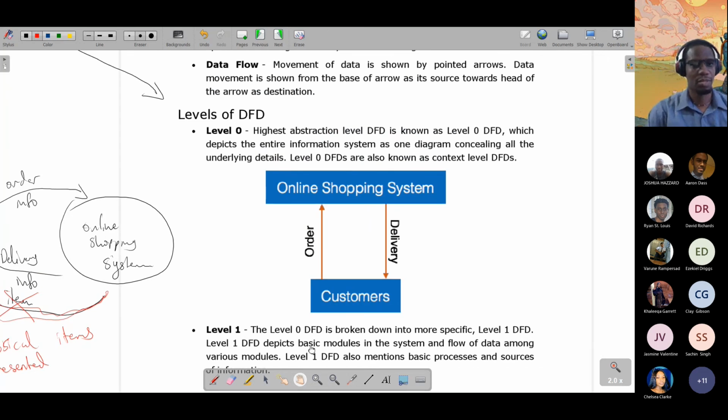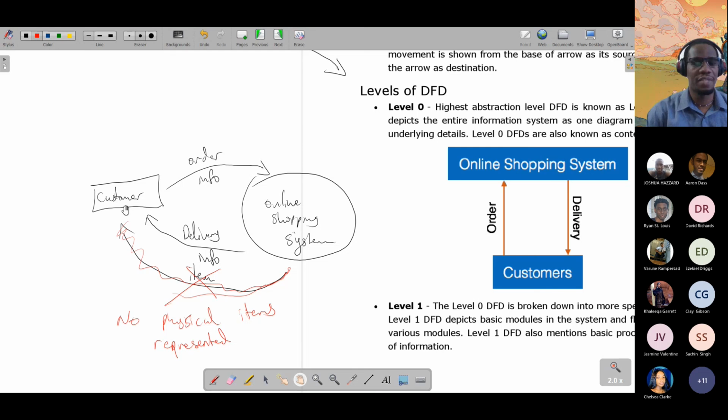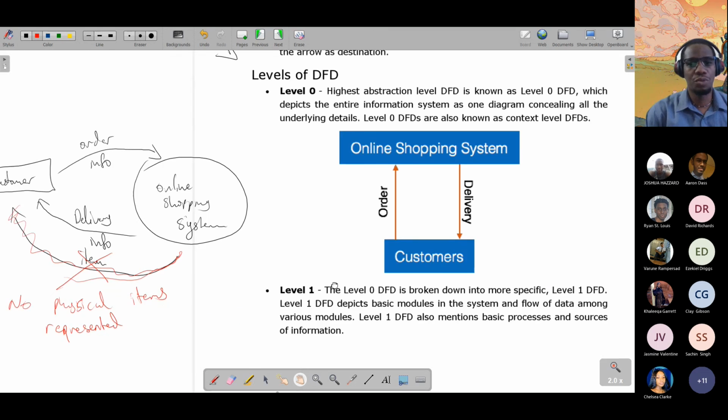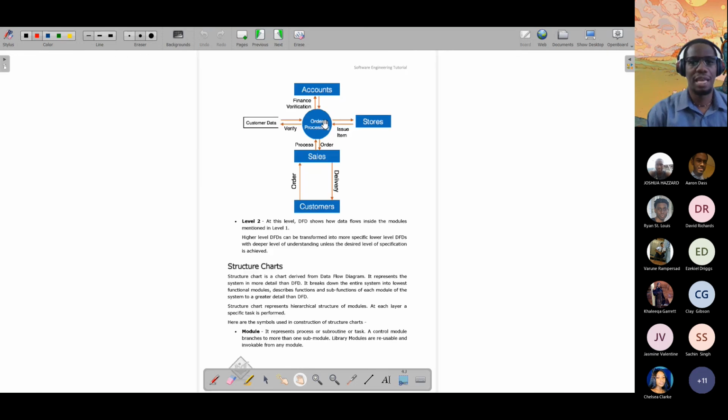And this is the overview of the system. This is the level 0 or the context level diagram. Once we go to the first level, then we break up the system.